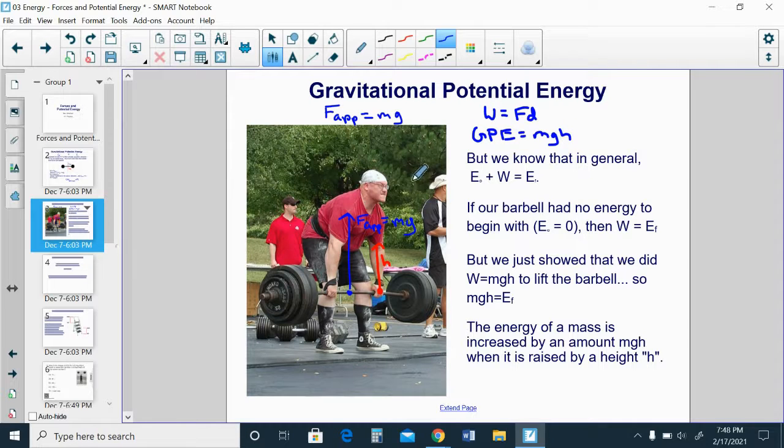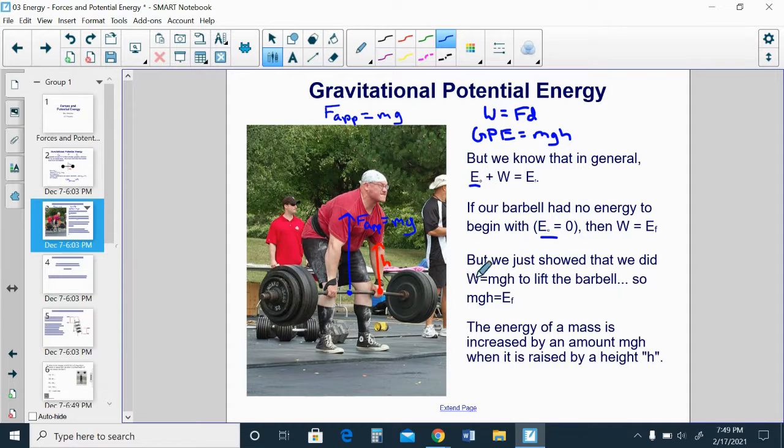Now we know in general that the initial energy of a system plus work, which adds energy, would be equal to the final energy. If our barbell had no energy to begin with, so that initial energy would equal 0, then work would just be equal to the final energy. But we just showed that we did work to lift the barbell.